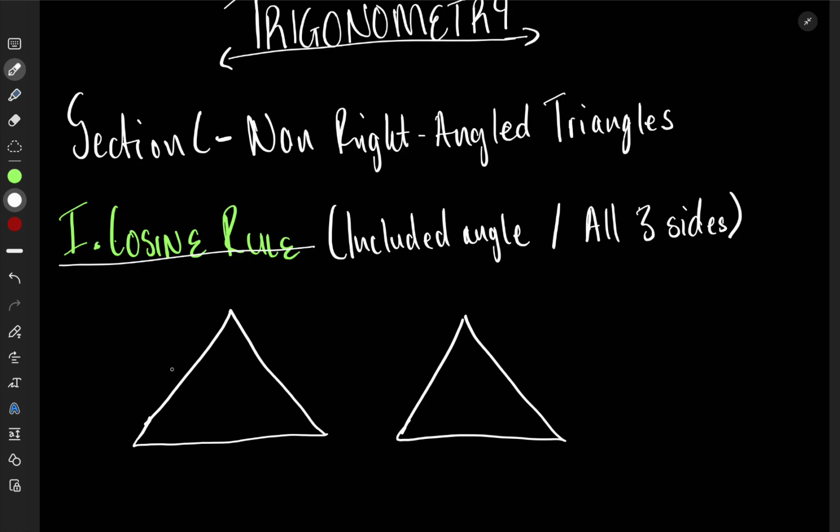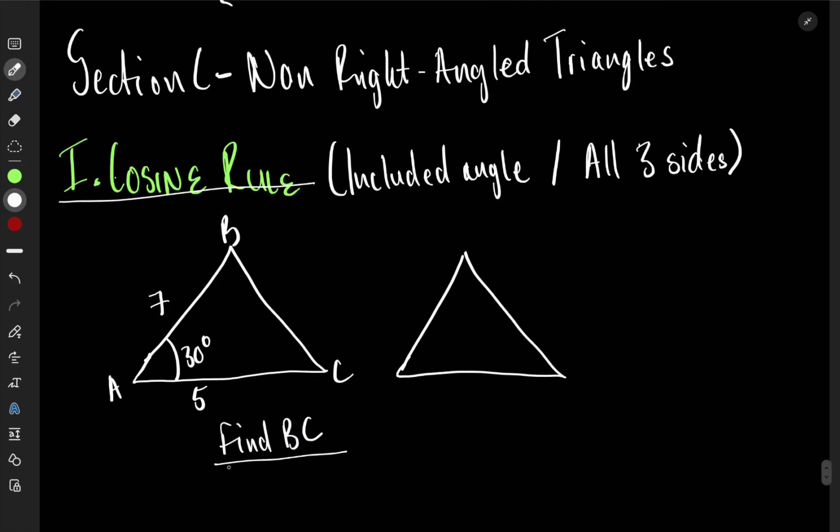Now, if you get something like this is 7, this is 5, and this is 30 degrees, and we call this A, B, C, and the question says, find side BC, can you see something? Here we have what we call an included angle.